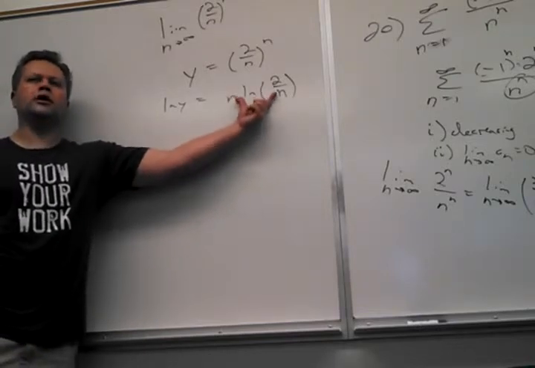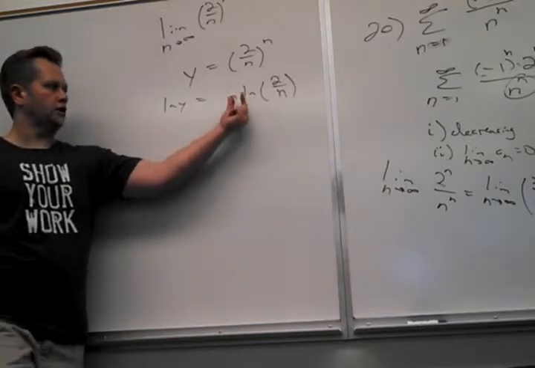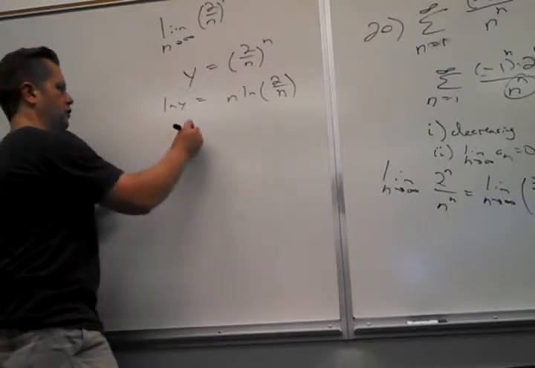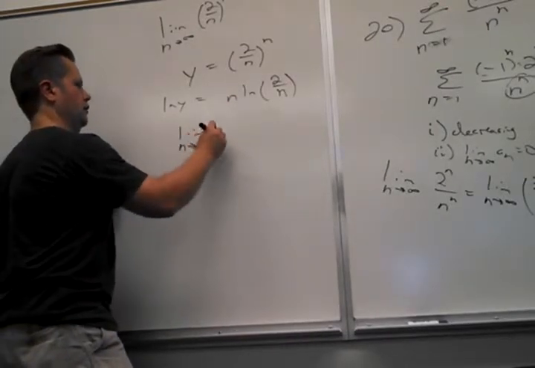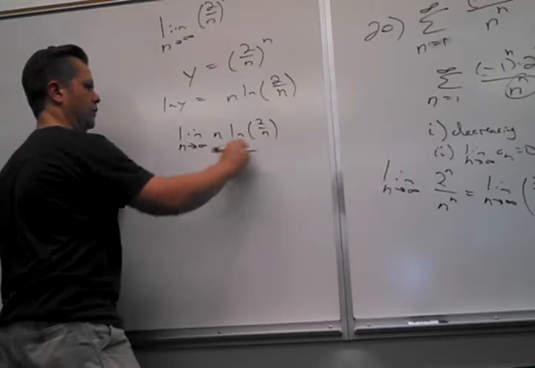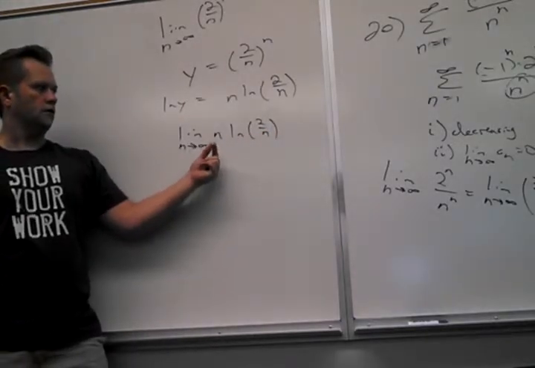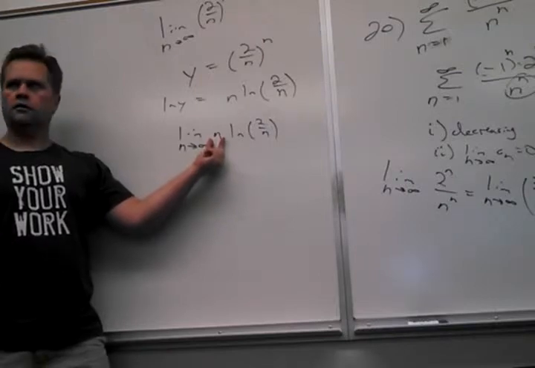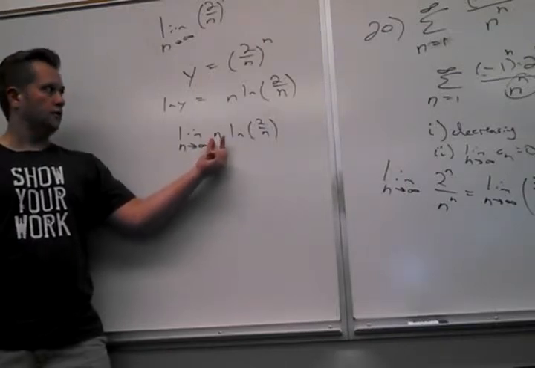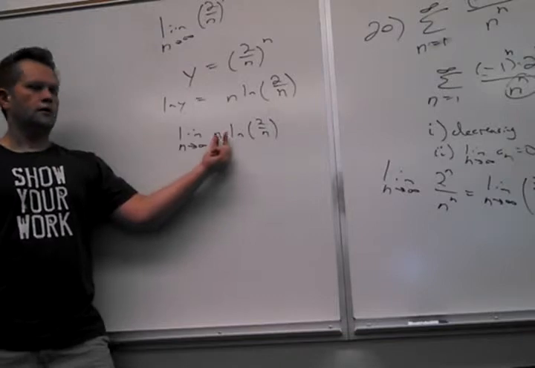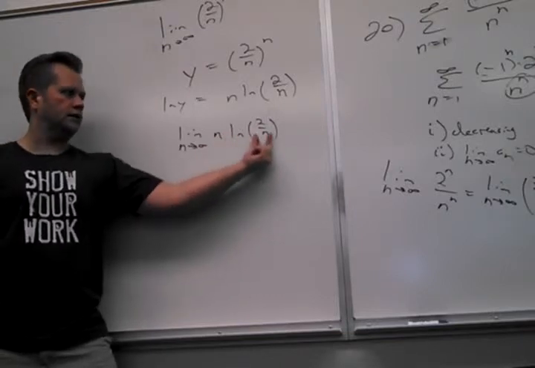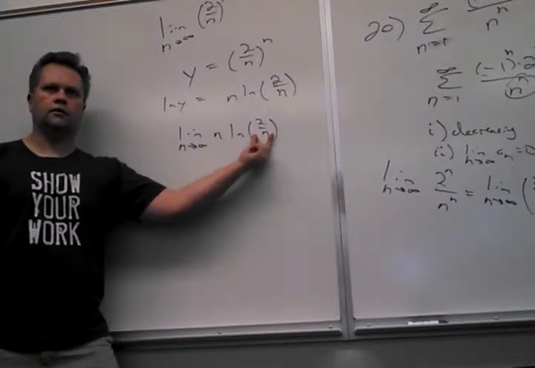Now, what do you think I'm going to want to do here eventually? Because what is it currently? What's happening if I let n go to infinity? What do I have happening here? Infinity times zero. When I'm going to infinity inside here, what's happening? It goes to zero.